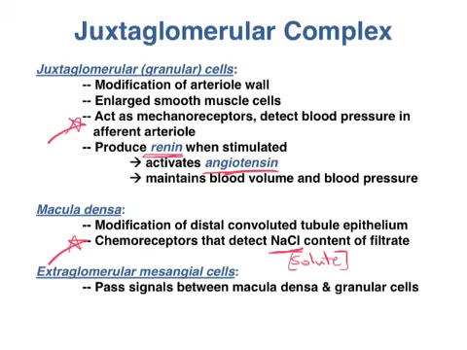So you can think of it as the granular cells, the juxtaglomerular cells, are basically monitoring net filtration pressure, and the macula densa cells are monitoring reabsorption. The extraglomerular mesangial cells are thought to mainly help by passing signals between these two cells, by allowing them to communicate with each other.